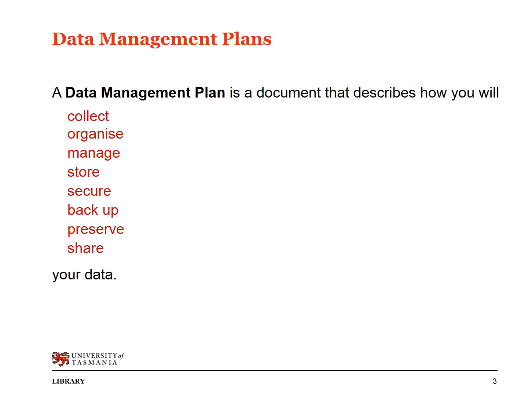So at the beginning of a research project, it's useful if you think about how you're going to manage the data, and that could be at the beginning of your PhD or also in a research project, obviously later on in your research career. So for instance, when you apply for a grant, an ARC grant for instance, then it's actually a requirement that you submit a document which outlines how you're going to manage your data.